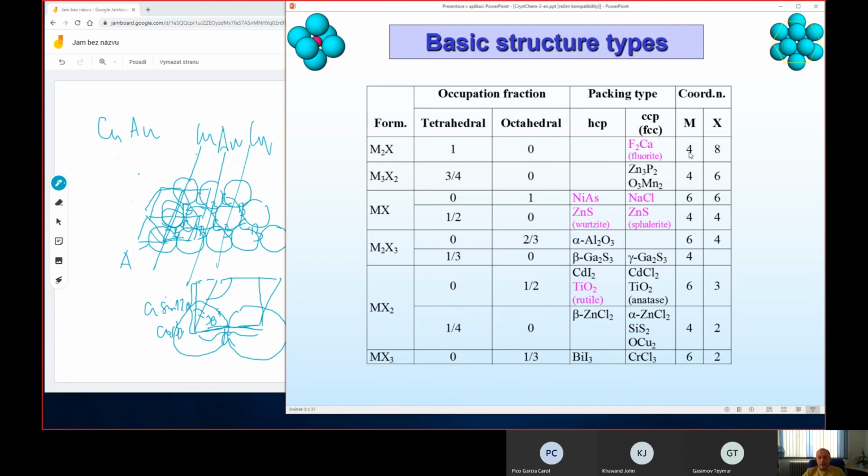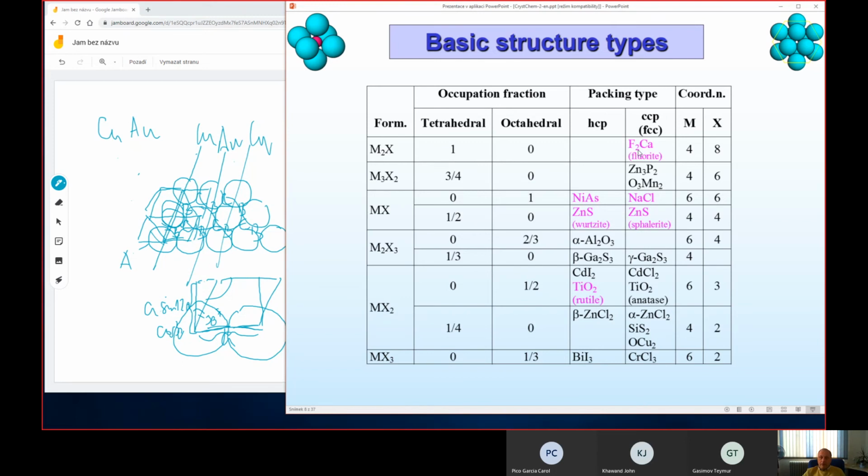And the coordination numbers are in the reciprocal ratio or inverse ratio compared to stoichiometric coefficient. So the atom in close-packed array is coordinated by 8 atoms in tetrahedral positions, and indeed each atom in tetrahedral position is coordinated by 4 atoms in the close-packed structure.